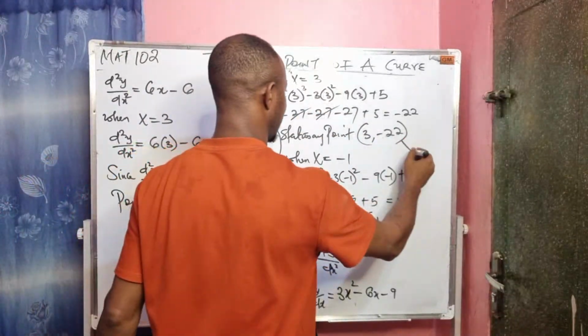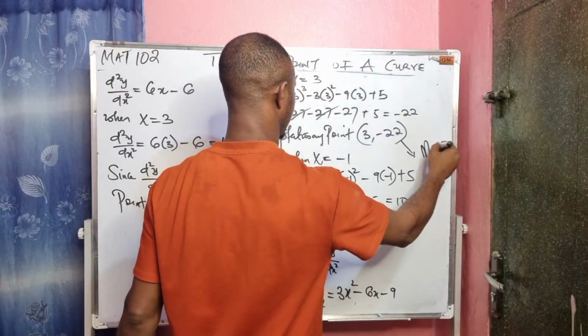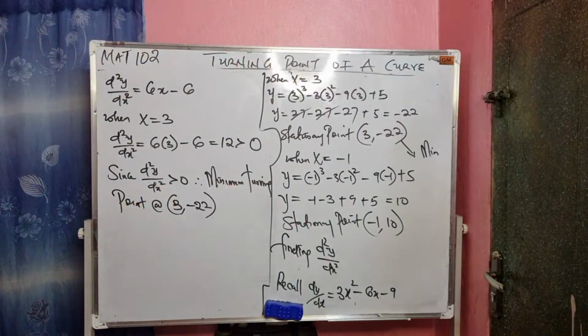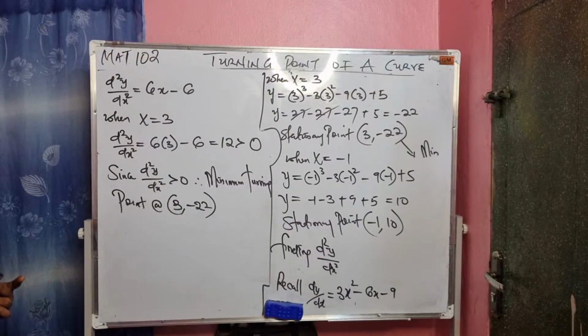That means this stationary point here is a minimum, right? It's a minimum because our second derivative is greater than 0.